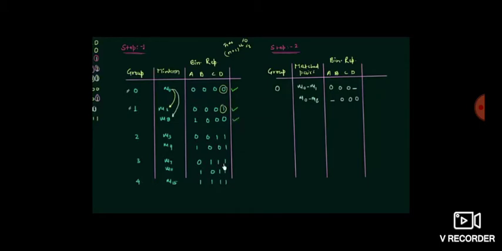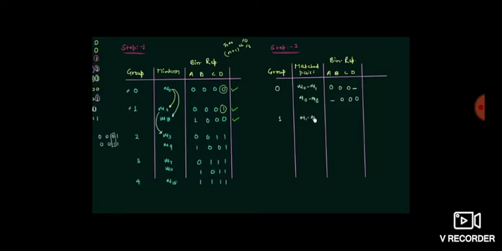Again we are comparing m1 and m8 with the third and ninth positions. First we compare m1 and m3. In this also only one position is different, so it is possible.